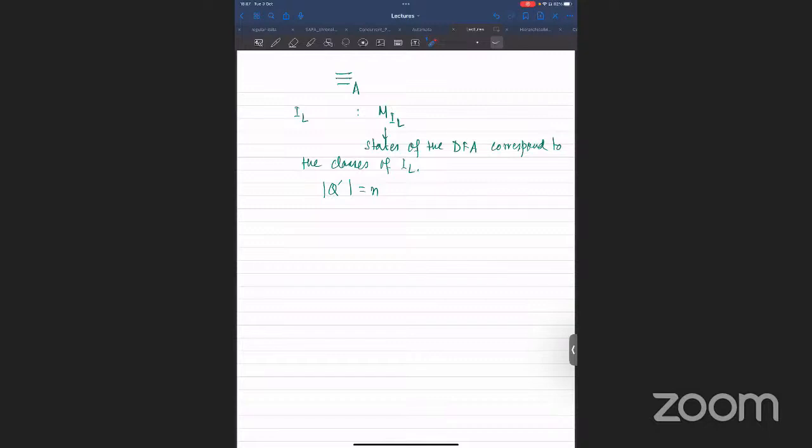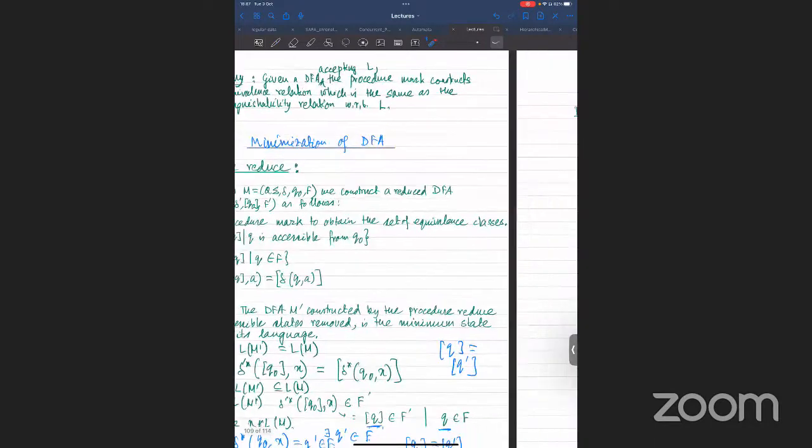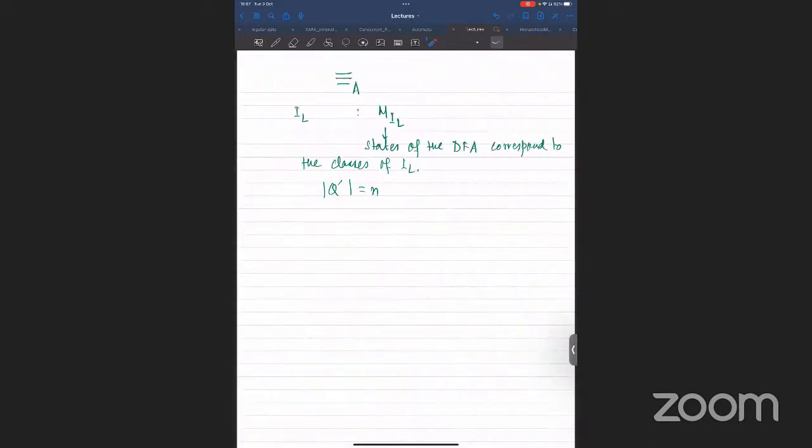Clear? So I think all these ideas are there in the previous lectures, which we did in a fairly detailed way. You just need to revisit them. Once you have those things clear, you'll see that this is nothing new that we are saying here.